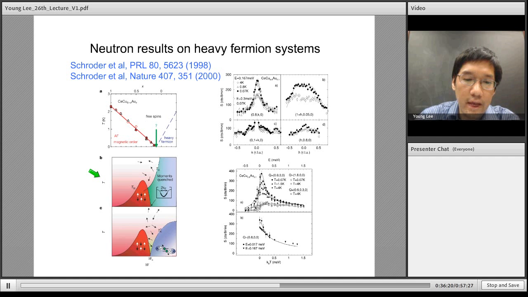Is it the case that, in this upper picture, you always have this Kondo singlet screening of your f electrons? So these black arrows shown up here are your f electrons, and you can see that at low temperatures, they're no longer unscreened or free.